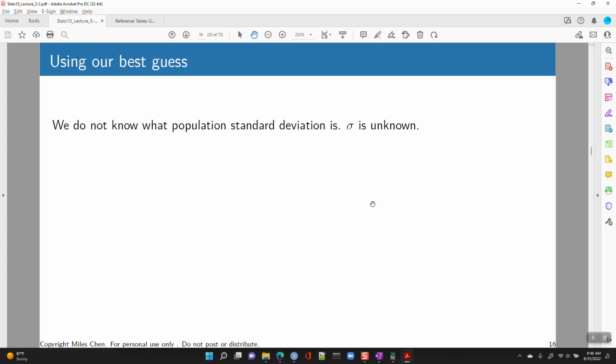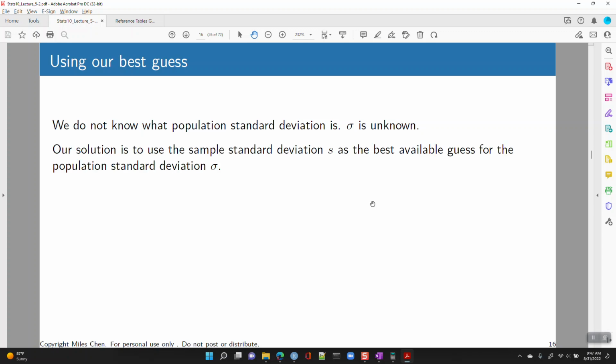So we don't know what the population standard deviation is. Our standard deviation sigma is unknown. So what we're going to do is use the sample standard deviation.